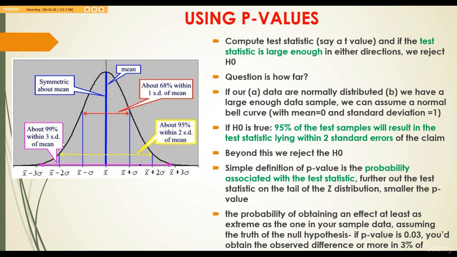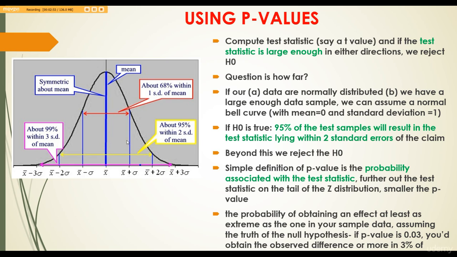If our data are normally distributed like this, or we have a large enough data sample, then we assume a normal bell curve, with the mean value at 0 and standard deviation 1. If the null hypothesis is true, then 95% of the test samples will result in the test statistic lying within 2 standard errors of the claim.